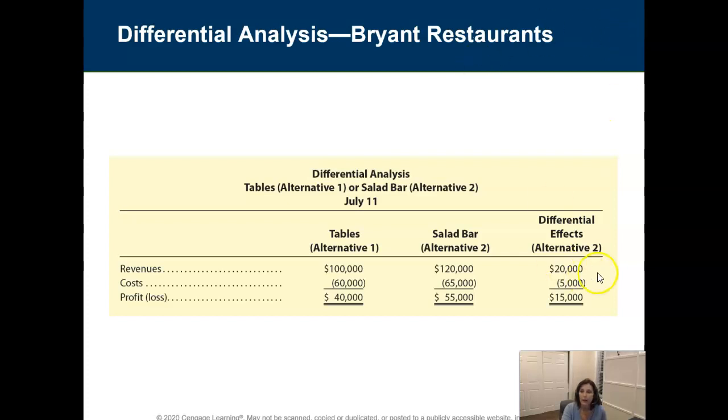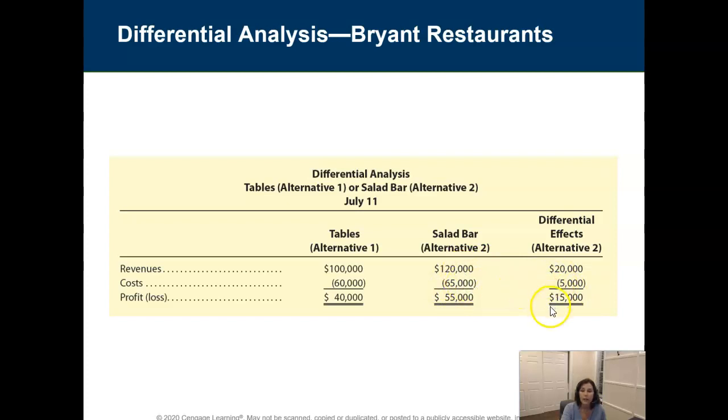The next couple slides kind of have a wordy explanation, so I'll just talk it through while I show you the graphic, because I think it is a bit easier to understand. We've got 20,000 more in revenue with alternative 2, and then we've got an additional 5,000 in costs associated also with alternative 2.